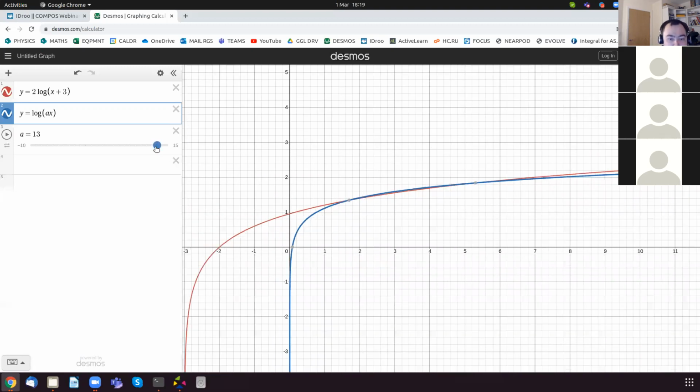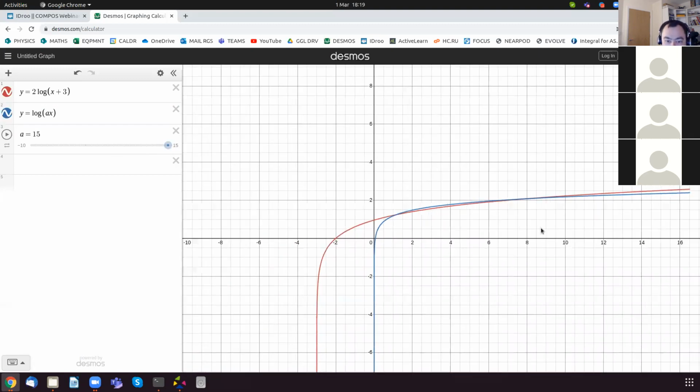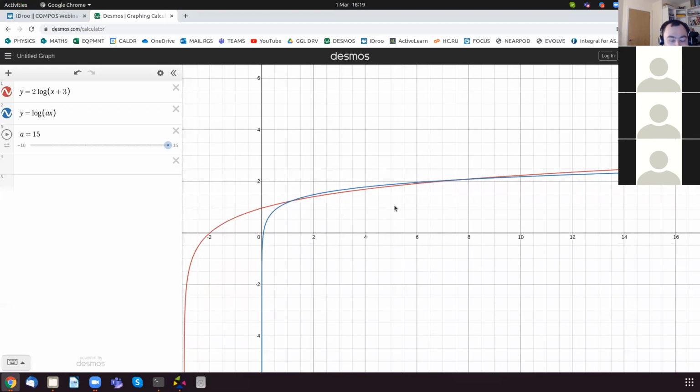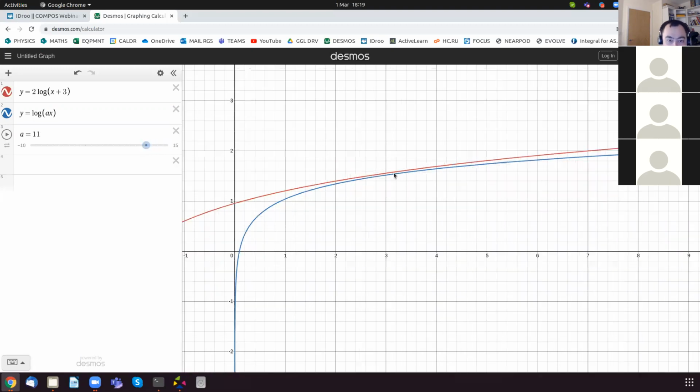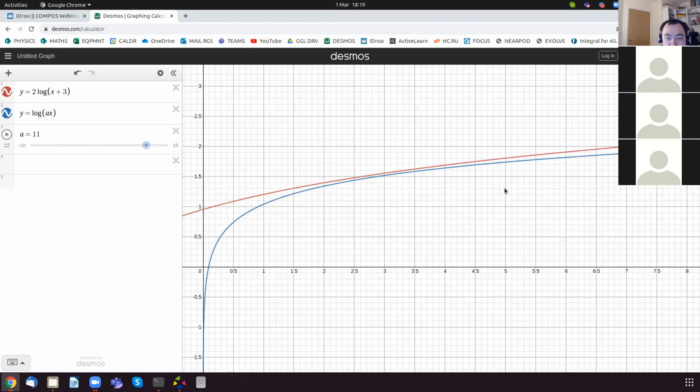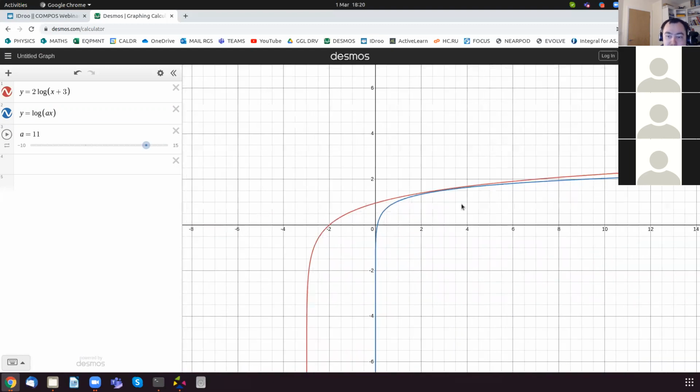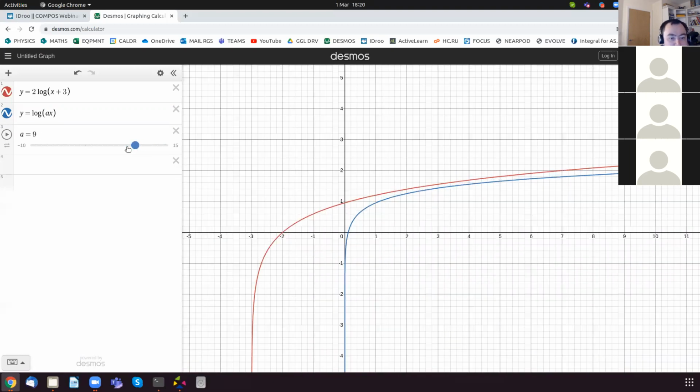If it's more than 12, we have 2 points now. For 15, you can see that they have 2 points of intersection. Let's go the other way. 15, 14, 12, again 1 point. For a equals 11, they're not touching, so there are no points of intersection.